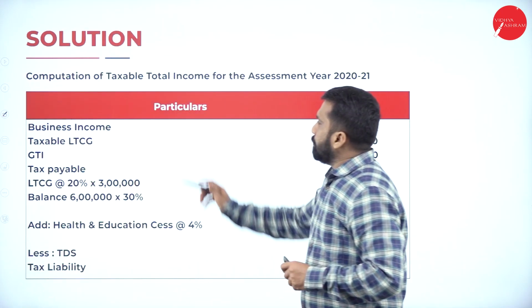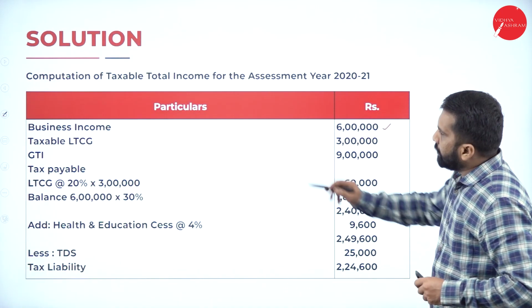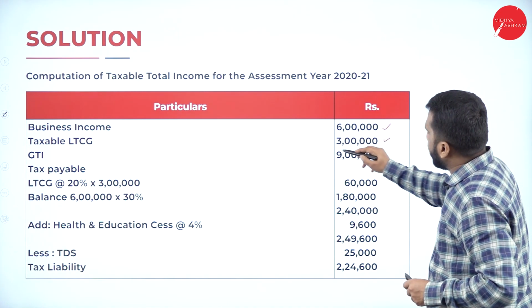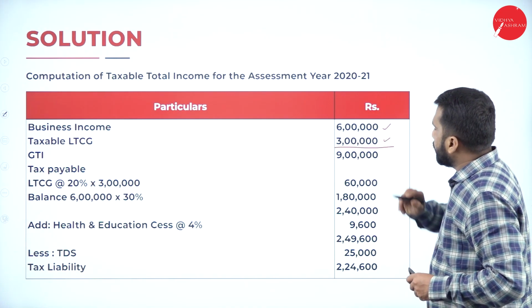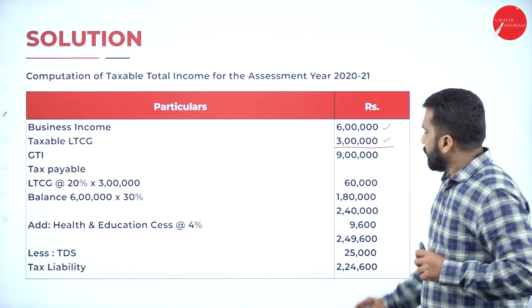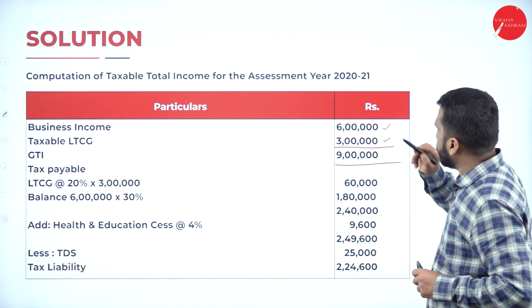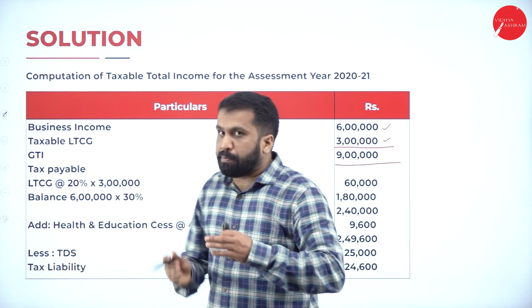Now, business income 6 lakh. Your long-term capital gain 3 lakh. 6 plus 3 is how much? 9 lakh. Hope you are clear. Now, in this, you have to bifurcate.